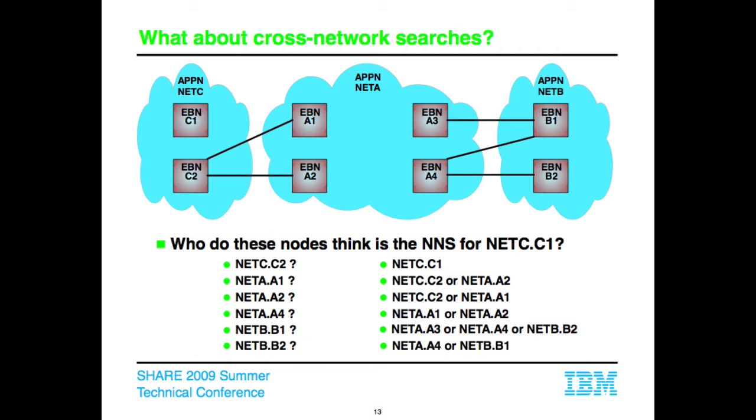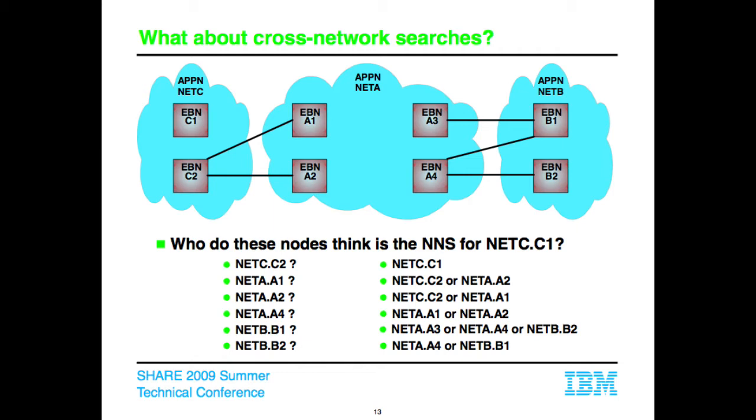If B1 is searching for a resource on C1, the reply coming back would indicate that, for example, if the reply came back through A3, it would look like A3 was the network node server for all the resources on C1, from B1's perspective. But B1 could have sent the search down to A4 instead, and if that's the way the reply came back, then B1 would see A4 as the network node server for all the resources on C1.